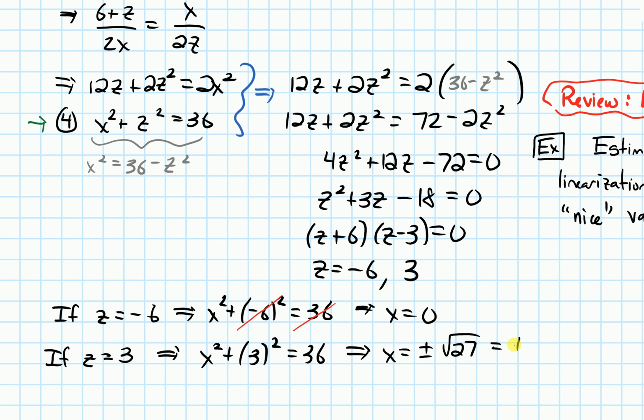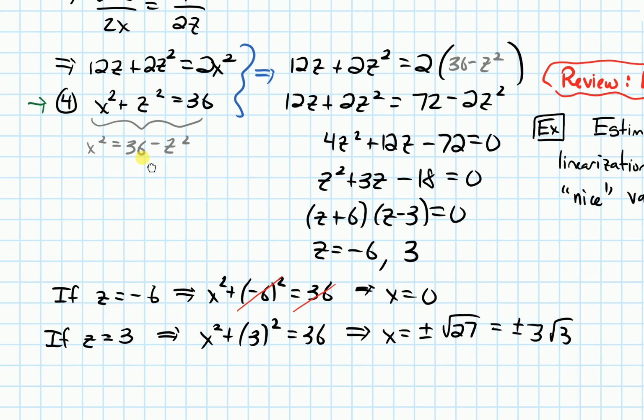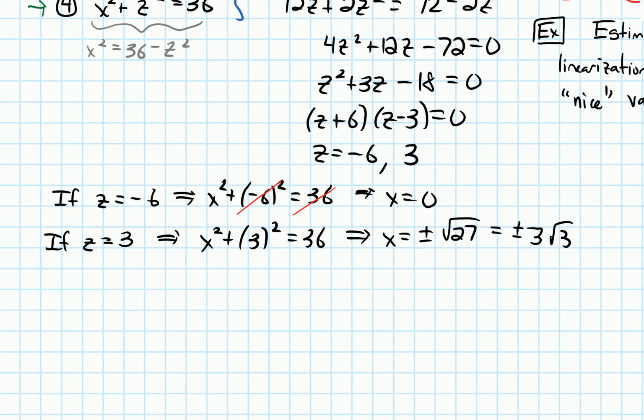Or in other words, plus or minus 3 root 3 if I simplify it. Okay, so I'm going to call this case 1. We had two possible points. So for case 1 possibilities, there are 2 of them.